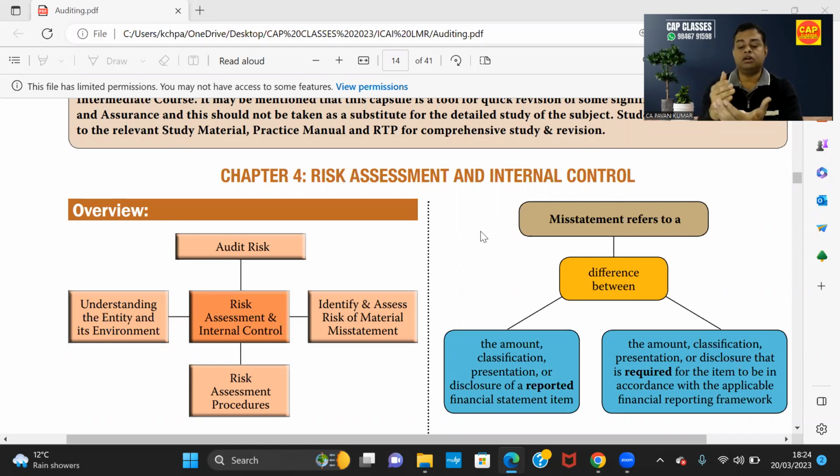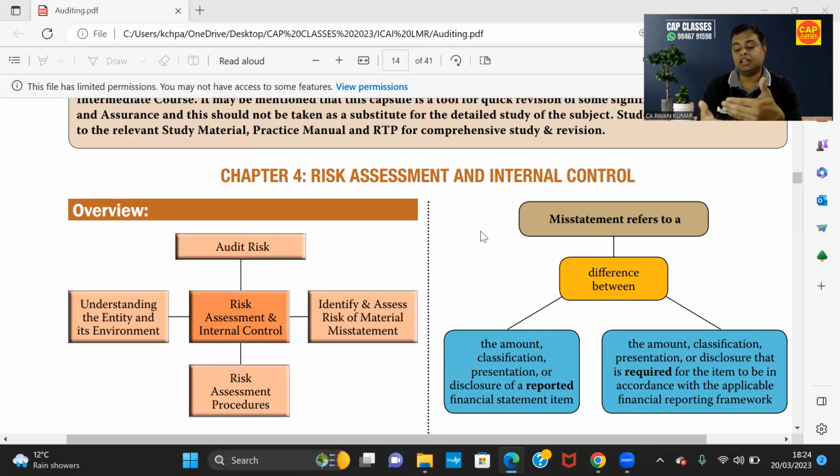So in chapter 1 itself, you have come across that the objective of the auditor is to express an opinion, to give a report on the financial statements. And in that, one major part is to give a reasonable assurance whether the financial statements are free from material misstatements.